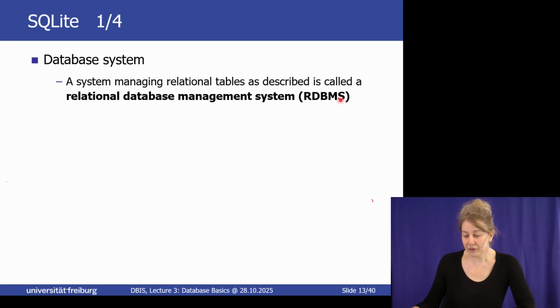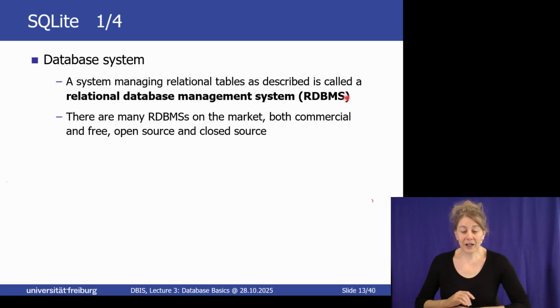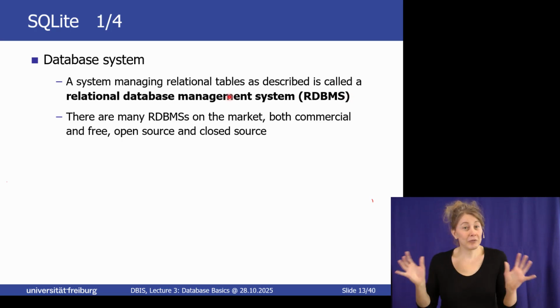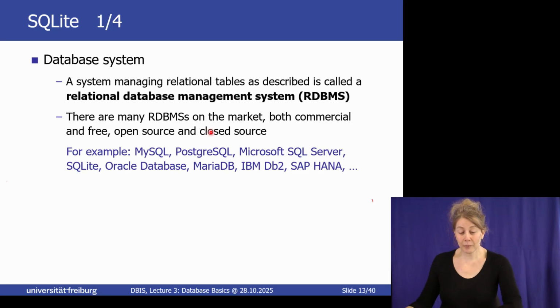RDBMS, that's actually what you find in the literature. There are many RDBMSs on the market. Here are some which you might have heard: MySQL, the big open source one, PostgreSQL, Microsoft SQL Server, SQLite, Oracle, MariaDB, IBM DB2, that's like a dinosaur. SAP has their own famous system, HANA.